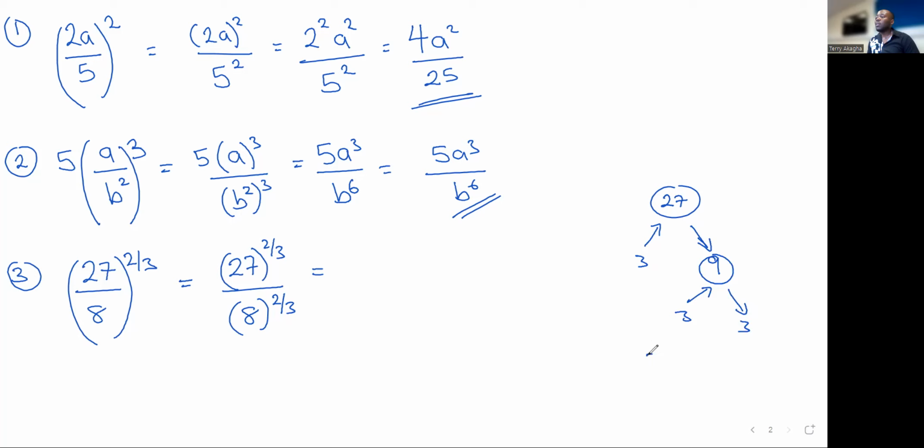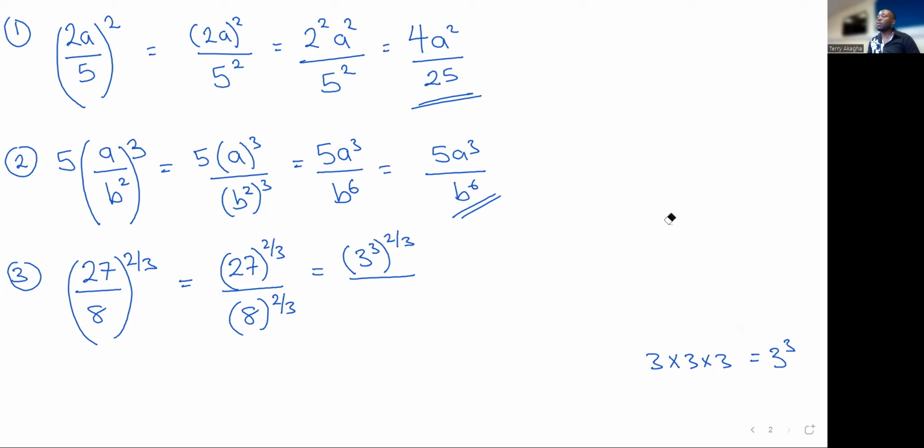So that means this is the same thing as saying 3 times 3 times 3, which is the same thing as 3 raised to the power what? 3. So I can write 27 now as 3 raised to the power 3, 2 over 3. Now, the same thing. So please, if you've not watched my previous videos where I talked about the prime factor tree method, okay? Please go back and have a look.